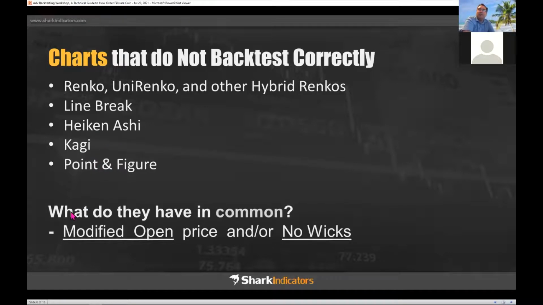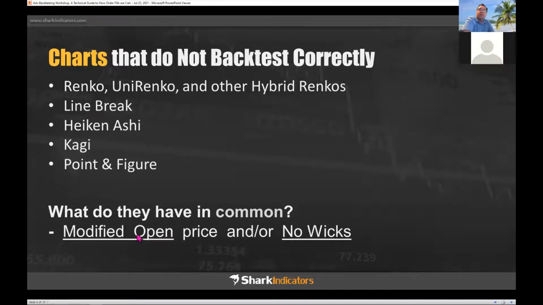So what do all of these bar types or chart styles have in common? They have a modified open price. As we illustrated with market orders, market order fills are dependent on the open of the bar.